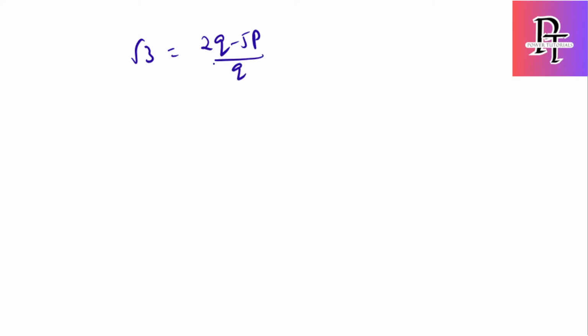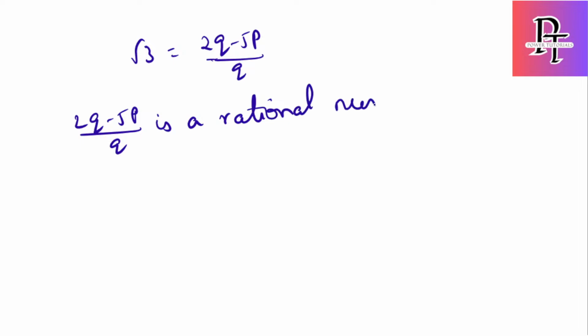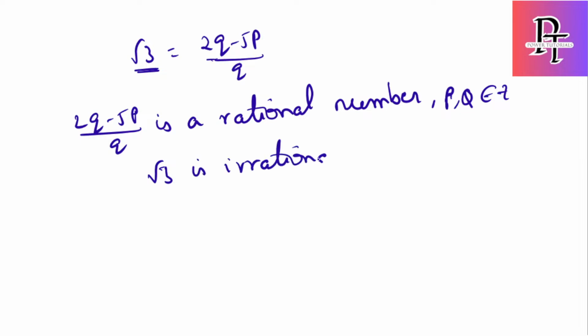But what is our assumption? We have assumed that p and q are integers and are co-primes. So if p and q are integers, then 2q minus 5p by q is a rational number, as p, q belong to integers. But what is given in the question? Root 3 is irrational. So root 3 is irrational, in brackets you have to mention it is given.